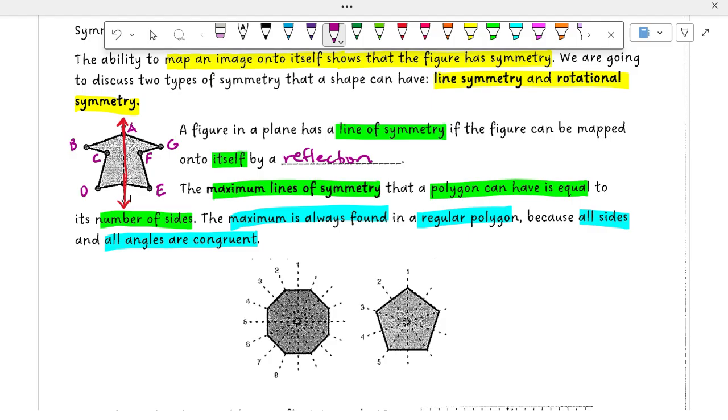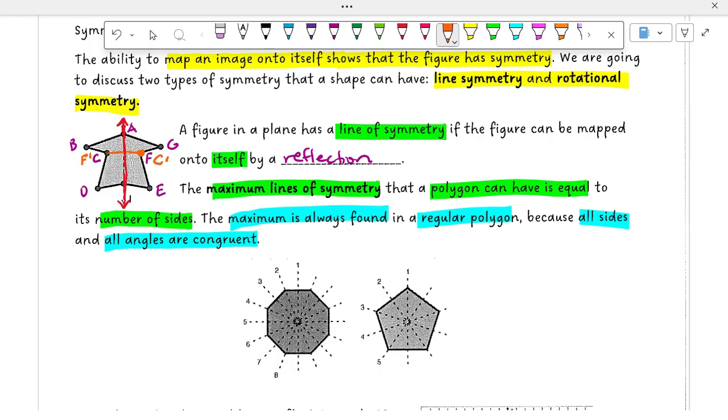Don't you take how far the point is from the line and then do it on the opposite side? Right. You count how far away it is from the line and then do that same distance on the opposite side of the line. So, for example, let's say I was transforming C. All right. C has the same distance as F. So when we transfer it to the other side, C prime will map onto F. And vice versa. So F prime will map onto C.